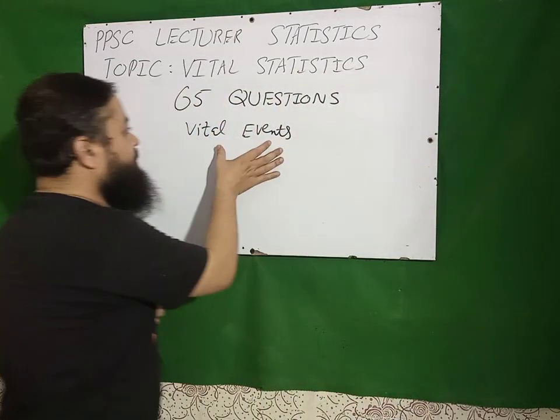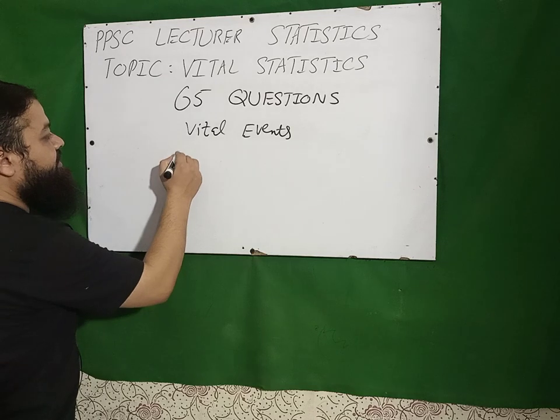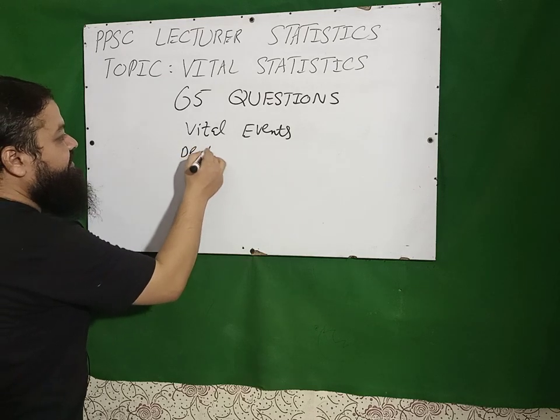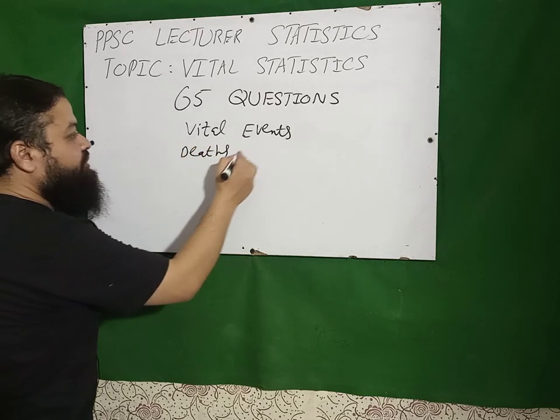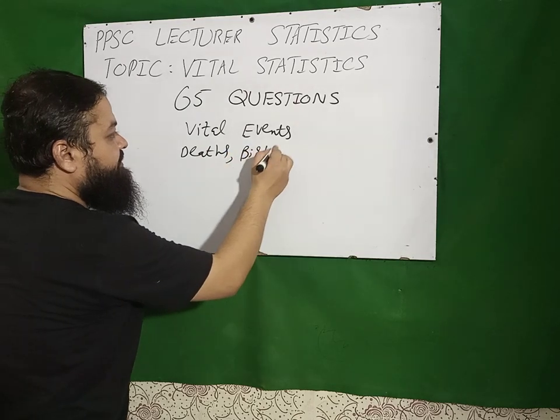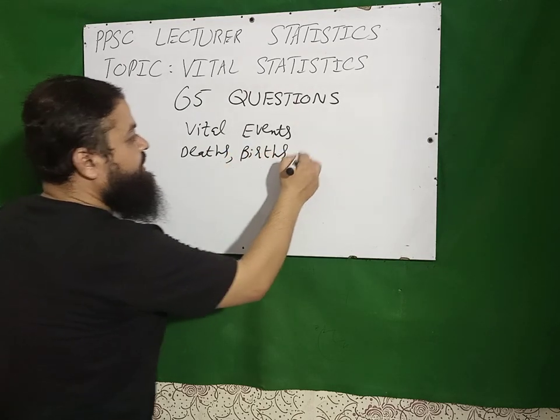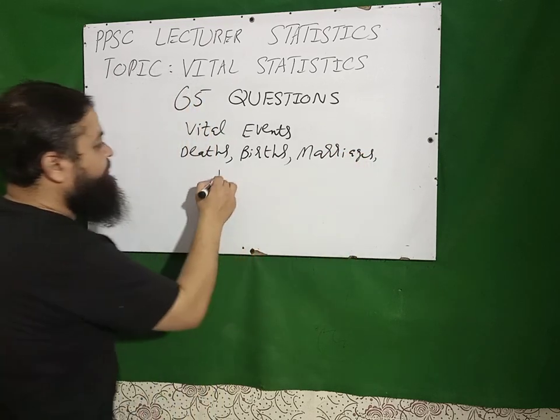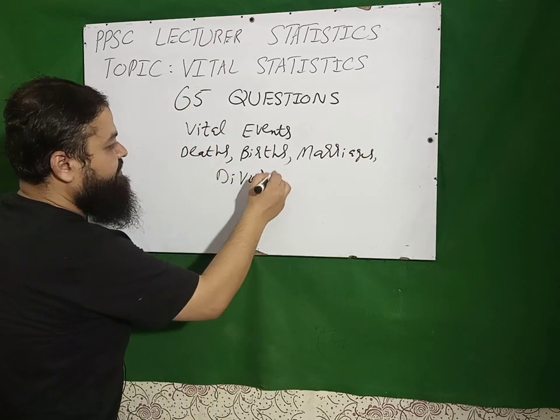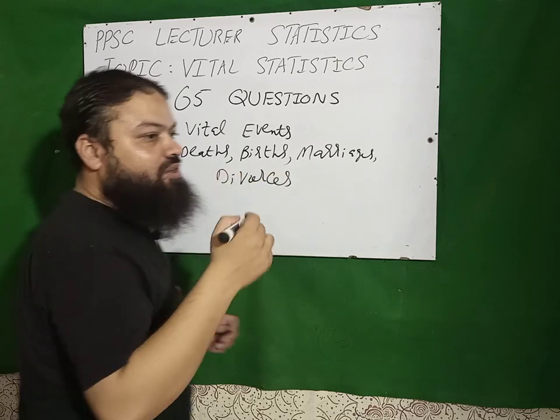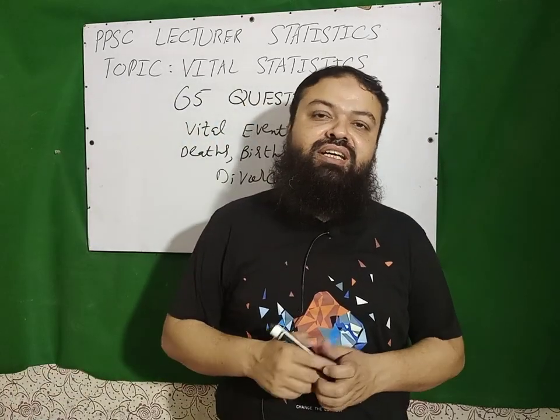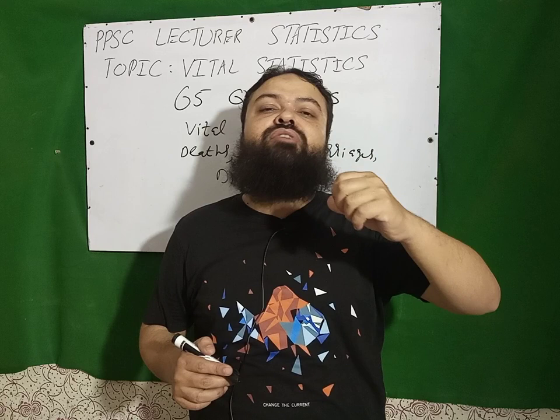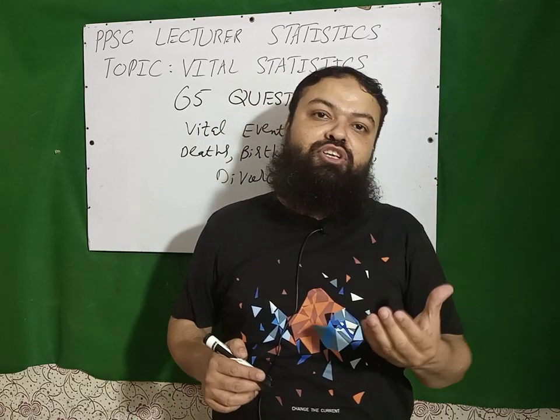These events are called vital events. For example, deaths decrease the population, births increase the population, marriages, divorces. These all are called vital events. These are the cause of change in the human population.